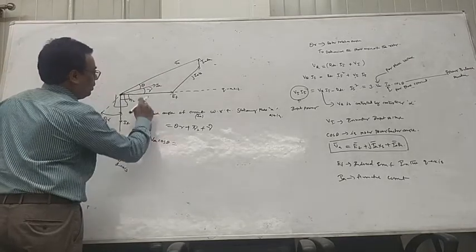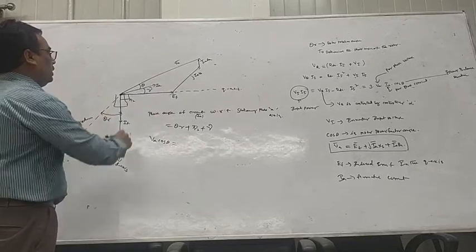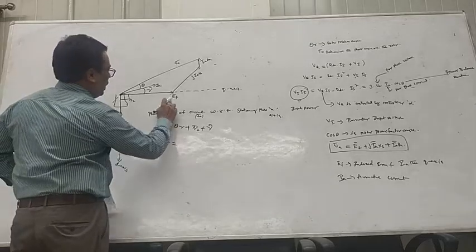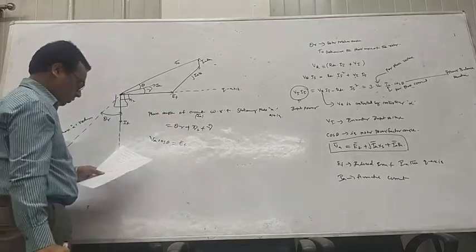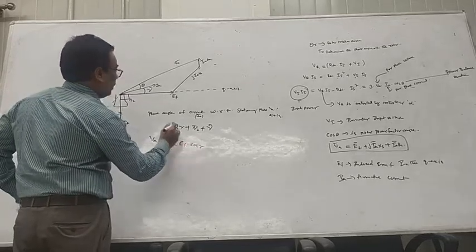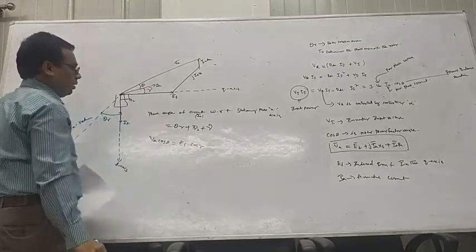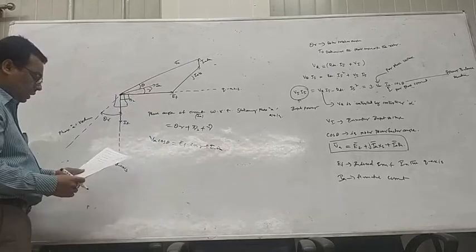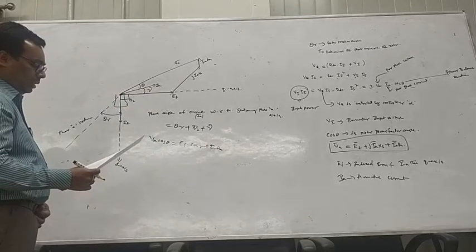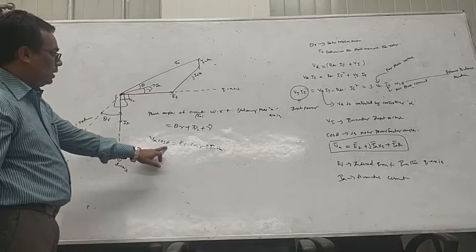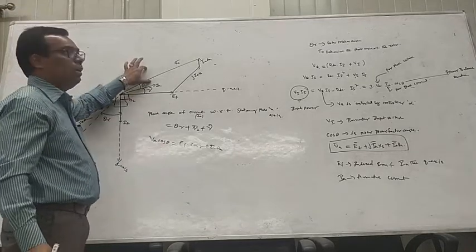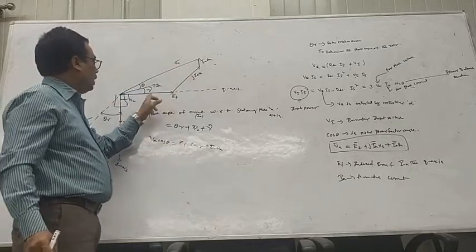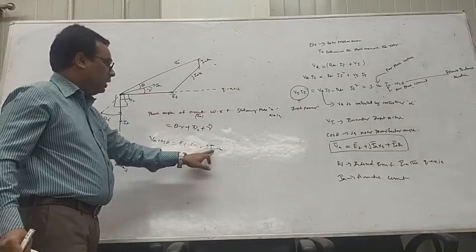From this phasor diagram, VA cos theta is equal to EF into cos gamma, where this angle is gamma, plus IA RA drop. So I am writing the component VA cos theta as the induced field voltage times cos gamma plus IA into RA.